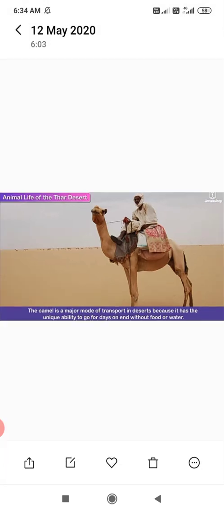As we know, because of the sand, the transport system is very low. So the camel is the major mode of transport in the desert because it has the unique ability to go for days without food or water.